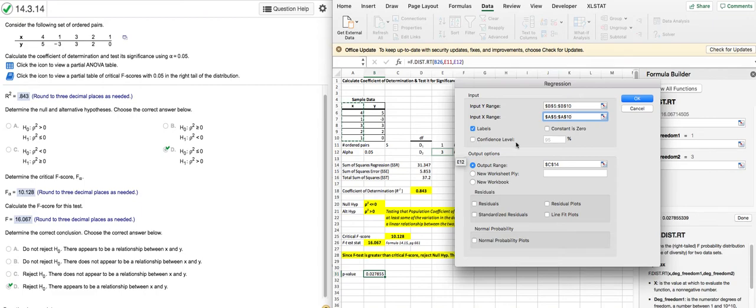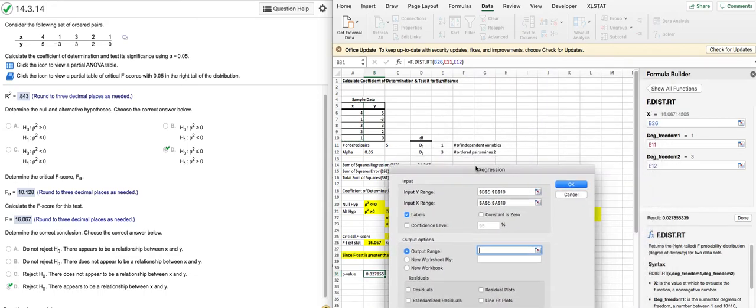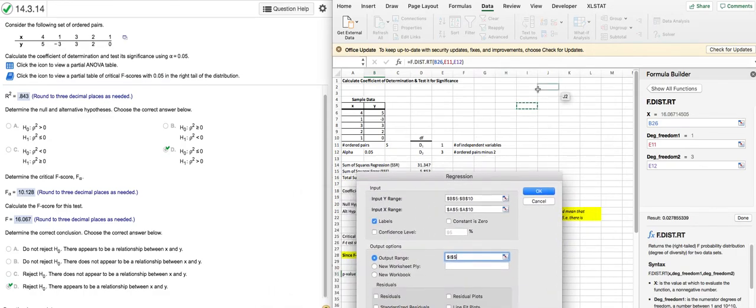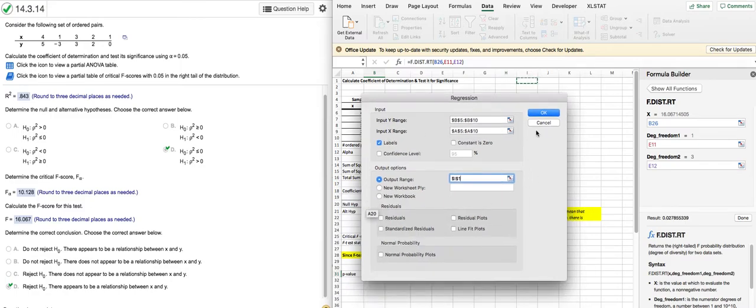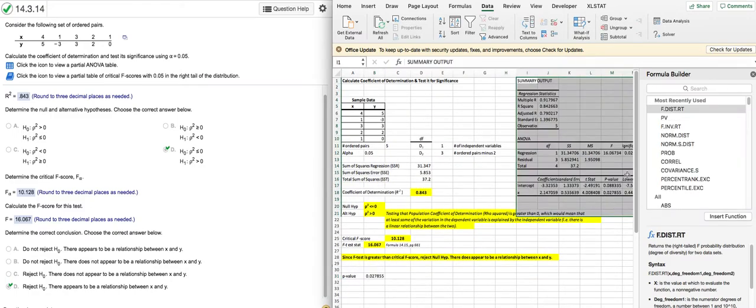Labels is already selected, and the confidence level is already at 95. And we have our output here. Let me find a good place to put this.